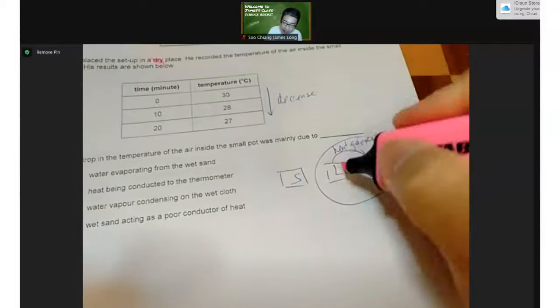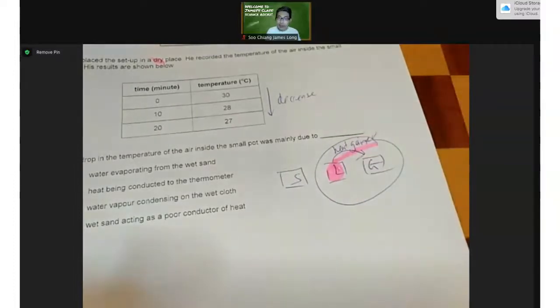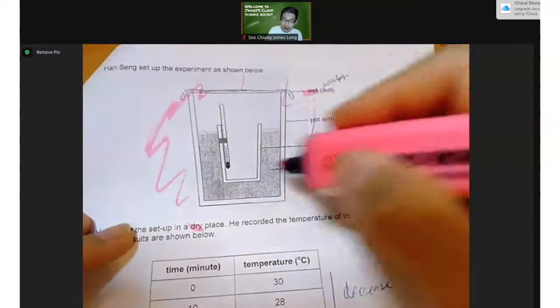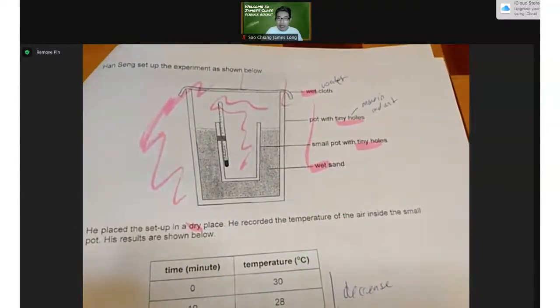The liquid must gain heat. But where's the heat from? There is no heat source, right? No, there is. The surroundings. All these parts, anything that surrounds this wet cloth and the wet sand can give it heat.